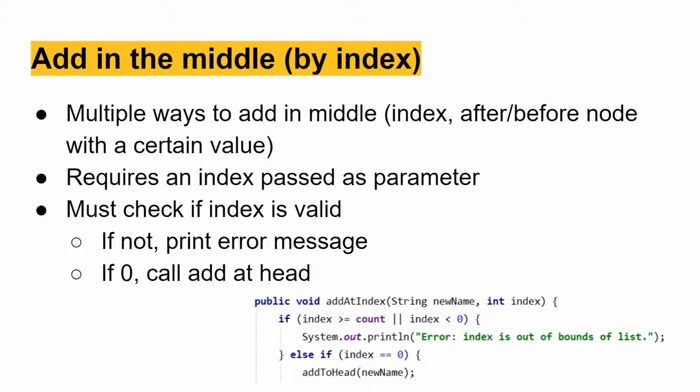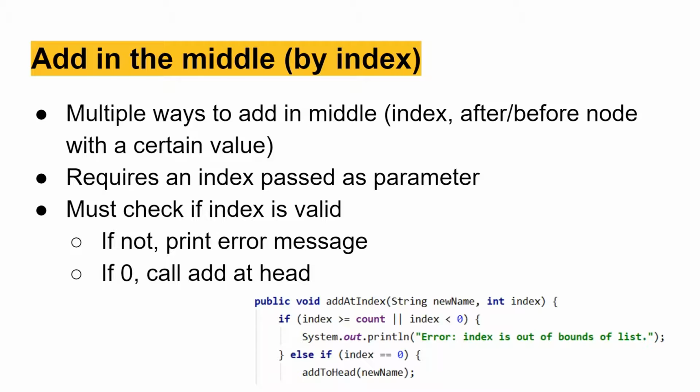So you can see I'm checking to see if the index is greater than the count, making sure it's less than the count but greater than 0, because otherwise we're going to have a bounds error. We're talking about an index that isn't within the range of numbers of nodes in our linked list.